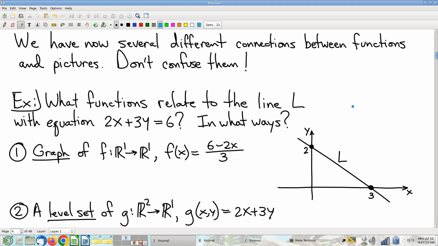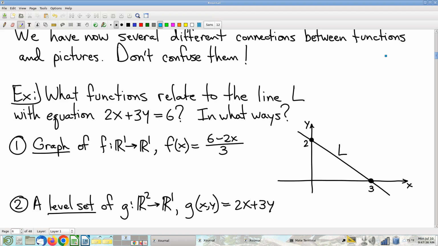So given a function, we now have several different pictures that we can draw to represent it. And now let me say that backwards. Given a picture, there are several different functions that picture might represent, depending on which kind of picture it is. It's important to keep this in mind.